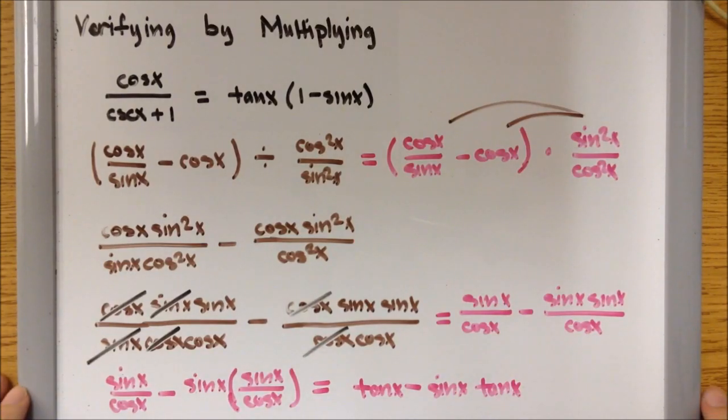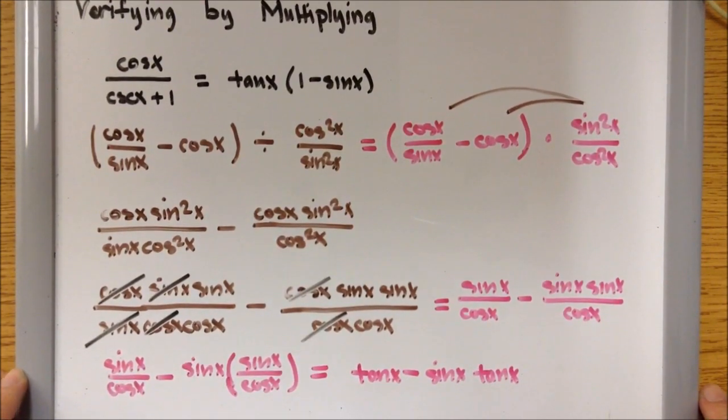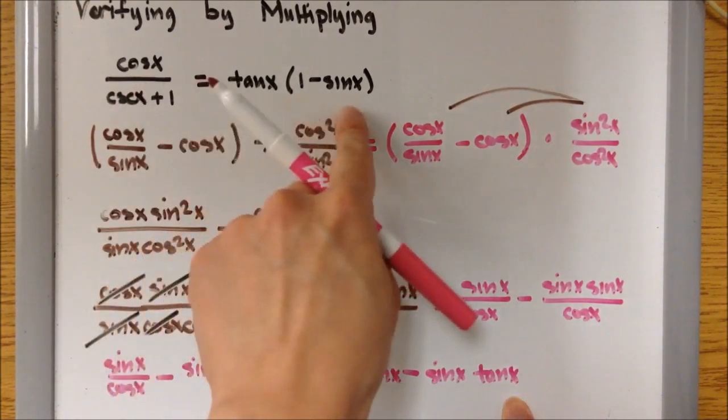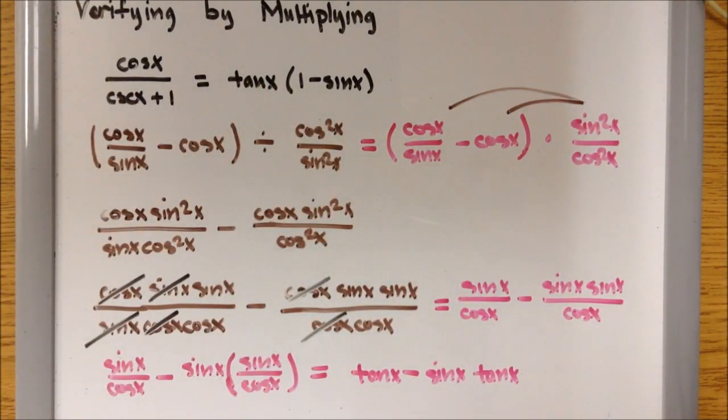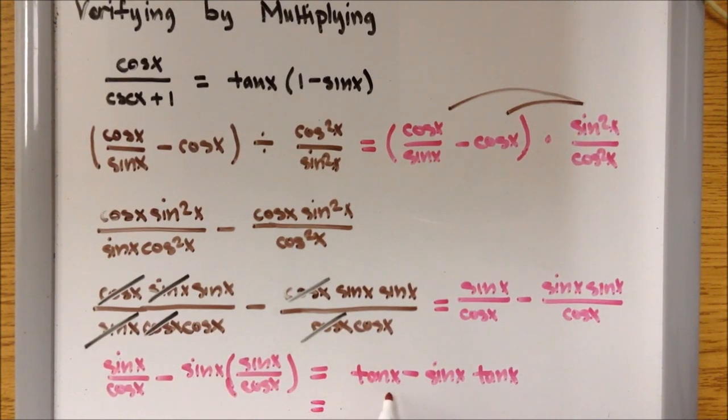Alright, but we're still not finished, because you see how this is not alike to this one right here. So what I'm going to do, I'm going to factor out tangent x, because you see how there's tangent x on both parts. So when I factor out, it will be tangent x outside the parentheses. Tangent x divided by tangent x will be 1. Negative sine x tangent x divided by tangent x will be minus sine x.